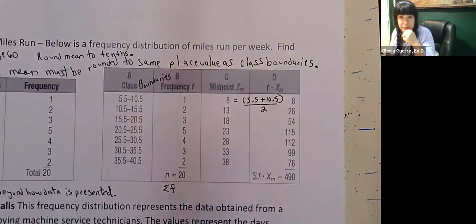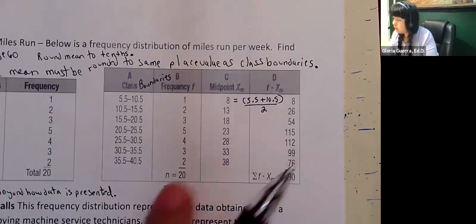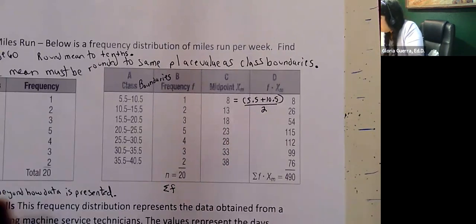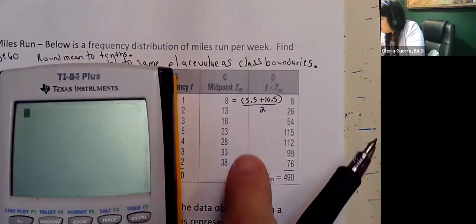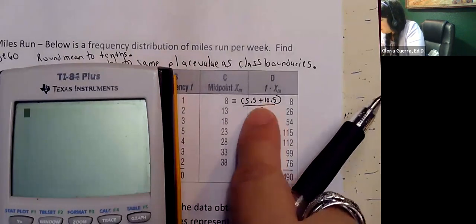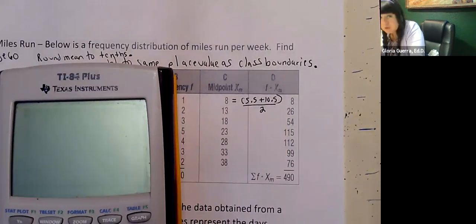So on a test, you would want to show this work for the first one. Then the other ones, you can just calculate and not show it every time. For the first one, I show you that: the summation, 5.5 plus 10.5, close parentheses, divided by 2. The parentheses are important.